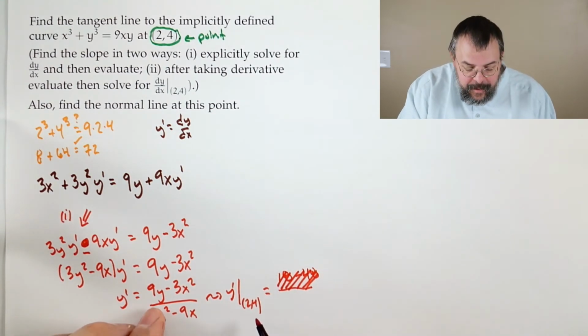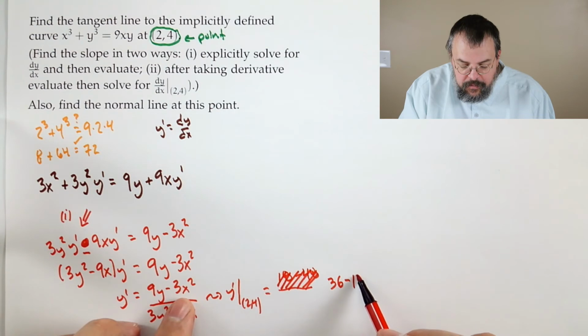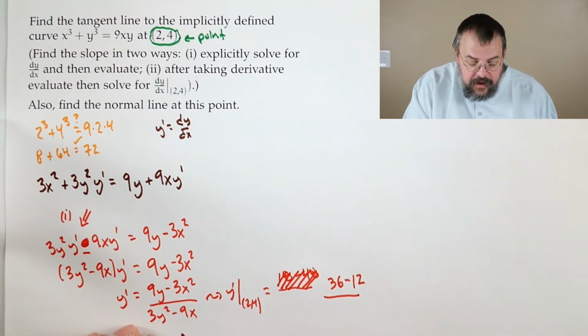It should be 9 times 4, because 4 is our y value, so it's 36 minus 3 times 2 squared, which is 3 times 4, which is 12. So 36 minus 12. Downstairs, we have 4 squared.